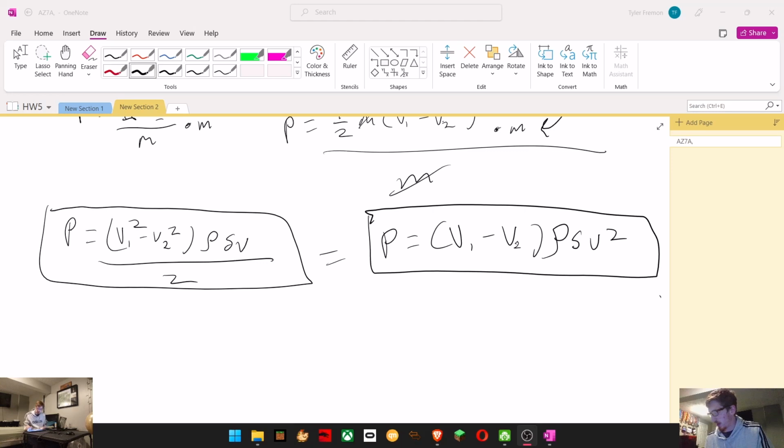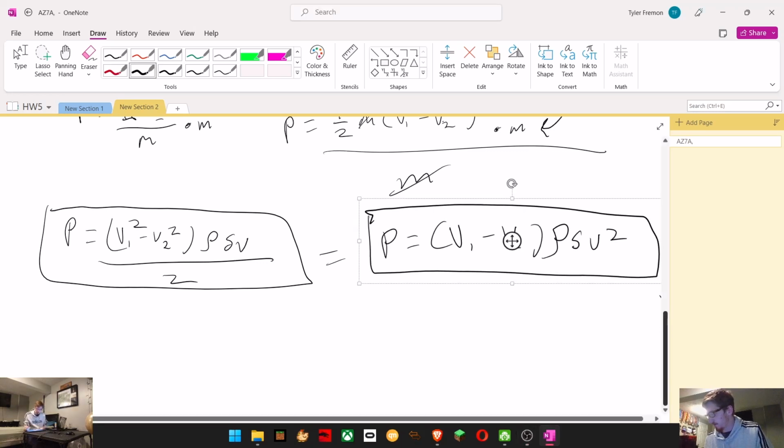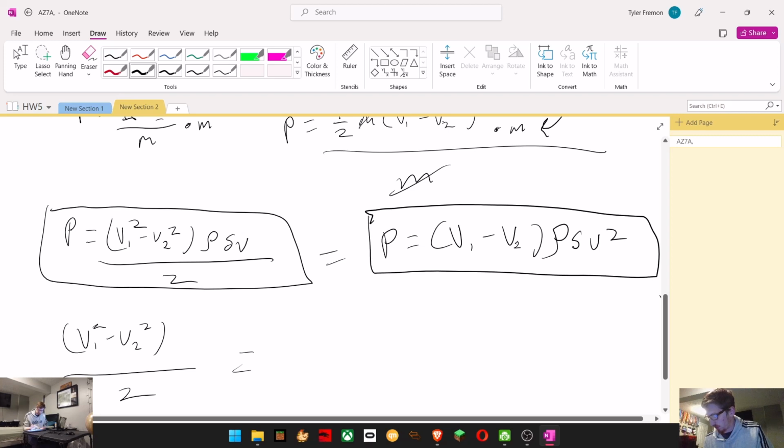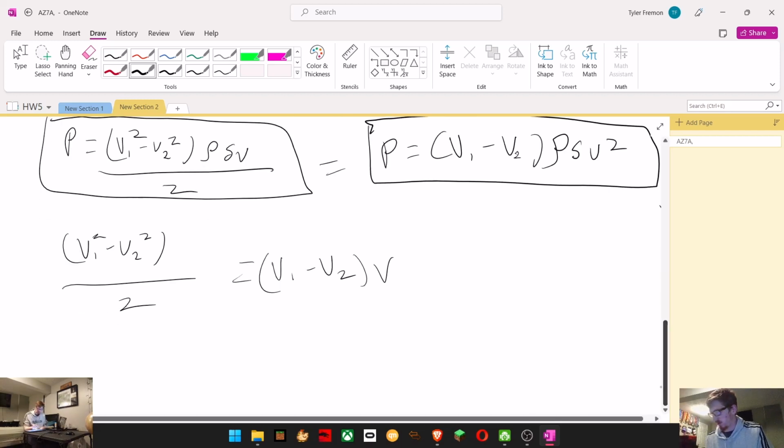So we'll start off by dividing across by rho SV. So we're going to have V1 minus V2 both squared over 2 is going to be equal to V1 minus V2 times V. We'll divide across by this V1 minus V2, and we'll also factor this term.